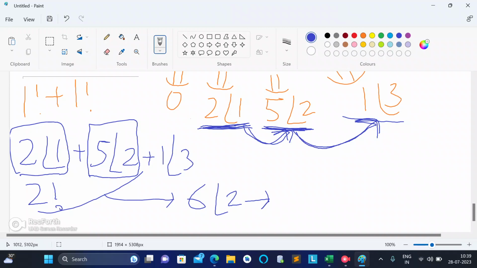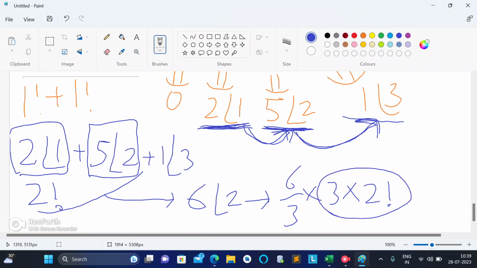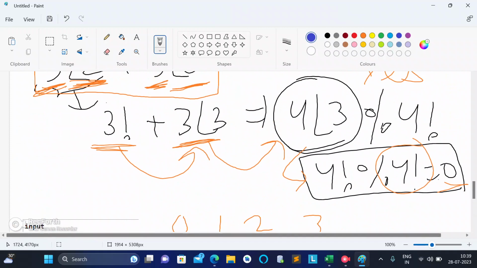Now we can write 6 into 2 factorial in terms of 3 factorial: we can do 6 by 3, and multiply 3 into 2 factorial, which is actually 3 factorial, and this is 2. So 2 into 3 factorial plus 1 into 3 factorial. So we will get, let me clear out some space first.